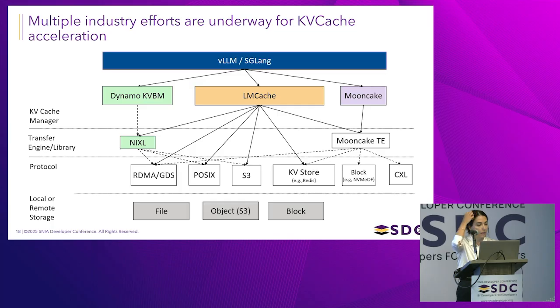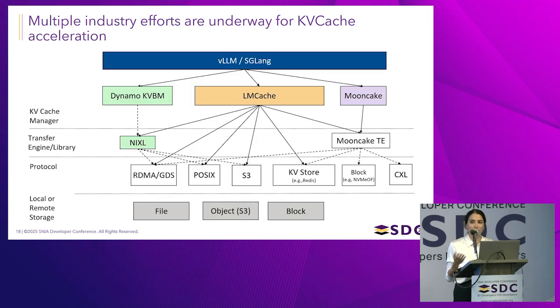That's one reason. What I see is that initially Dynamo KV was separate, LM cache was separate, and it wasn't using Nixl or Mooncake. Nixl integration with LM cache happened recently, maybe a week or 10 days ago. But I think everyone is going to make sure their software supports all the different software stacks, because today there's not one software stack that dominates. There are still a few, but it's very much evolving.